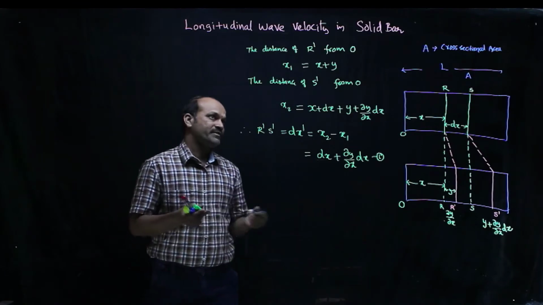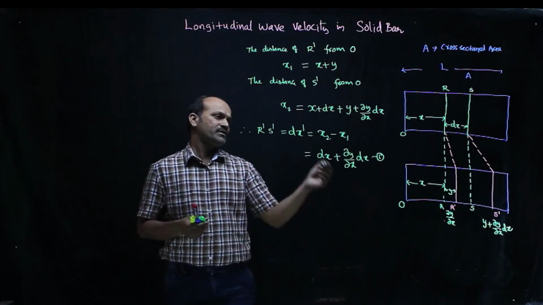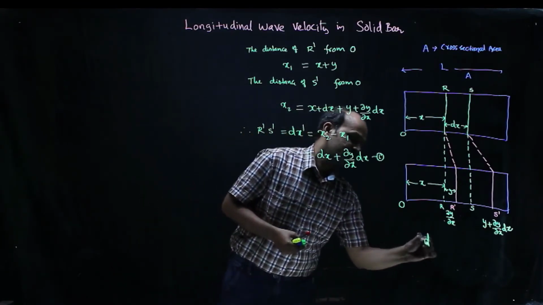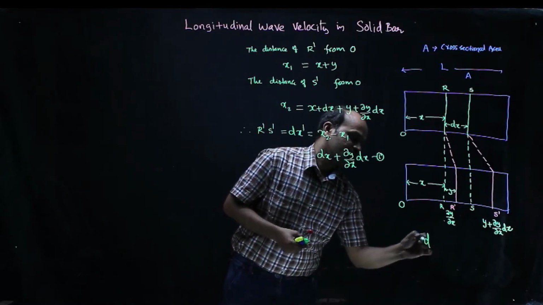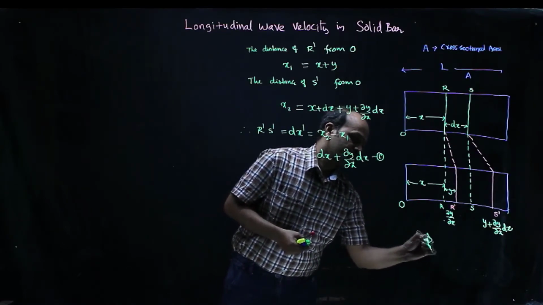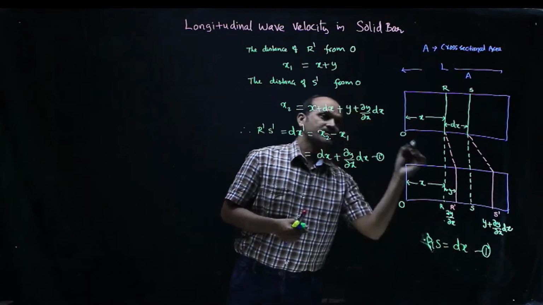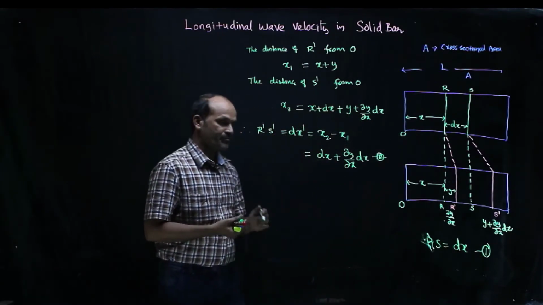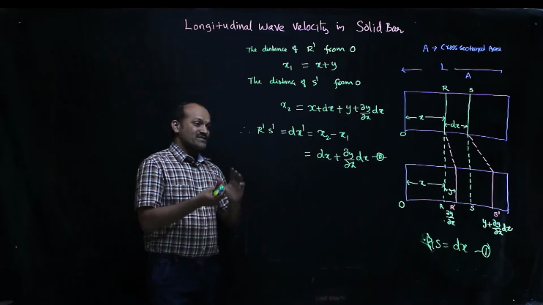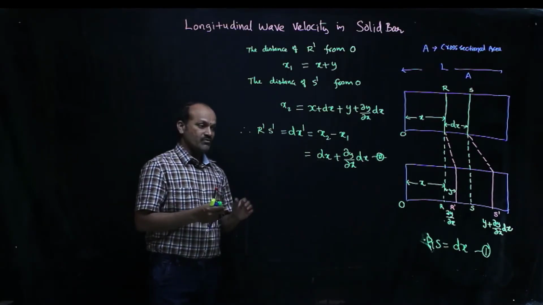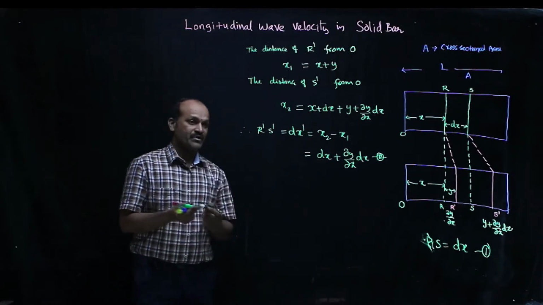So we have, let me write the initial length: the initial length of RS is equal to dx. Equation 1, let me take it as equation. So what is the shift? What is the change in length? Now we'll write that.